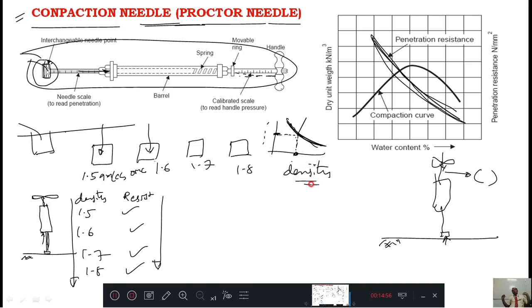Means you come to know instantly how much density is there in the field by using the Proctor needle test. Okay, now this is all about the compaction needle and how we are going to control the compaction in the field.